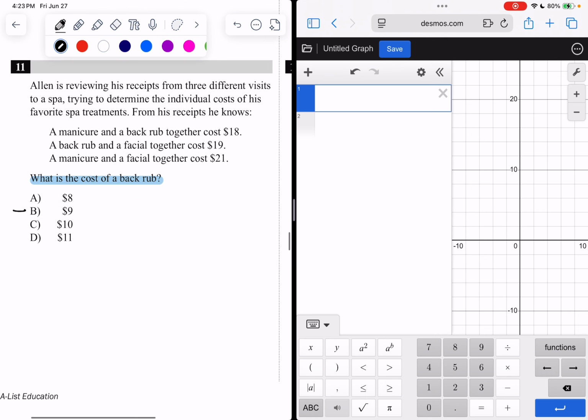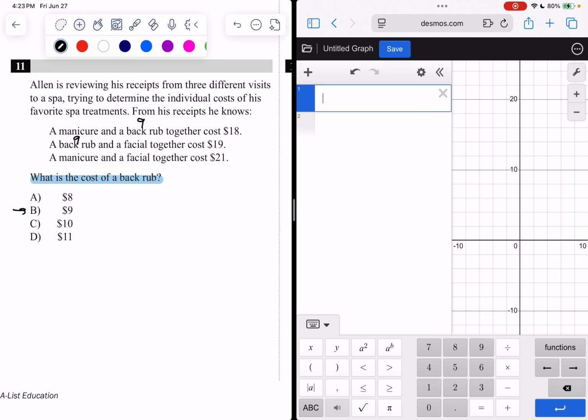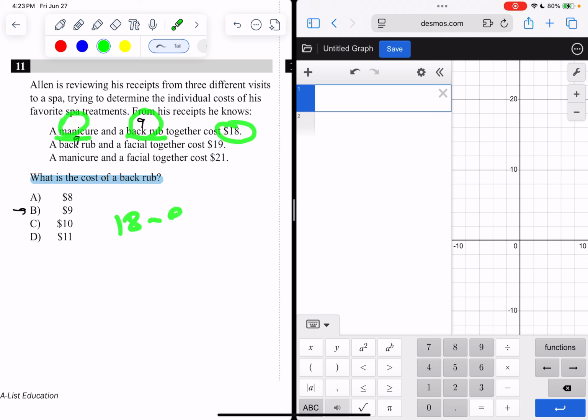Let's start with 9. 9 is the cost of the back rub. So if I know the back rub is 9, I'll ask myself, what else can I know? Well, if I know the manicure and the back rub together have to cost 18, and the back rub is 9, this has to be the rest of the 18. So if I do 18 minus 9, that gives me 9. So I know my manicure is 9.